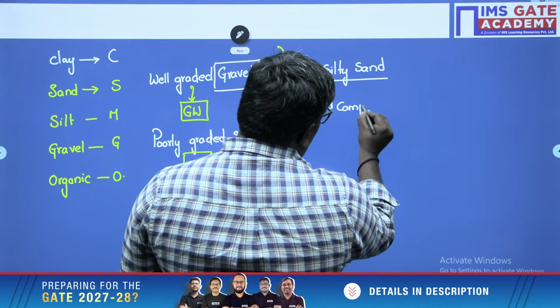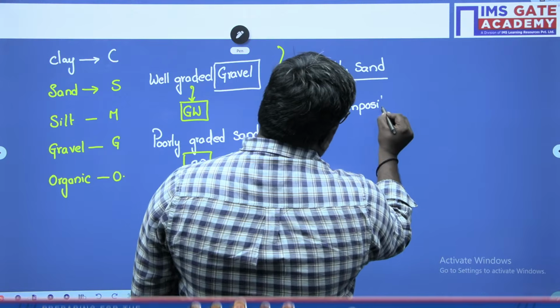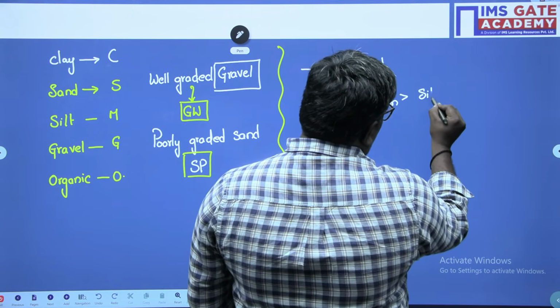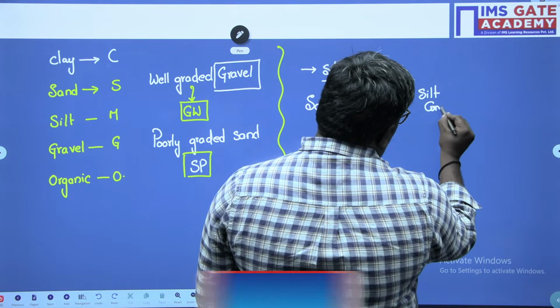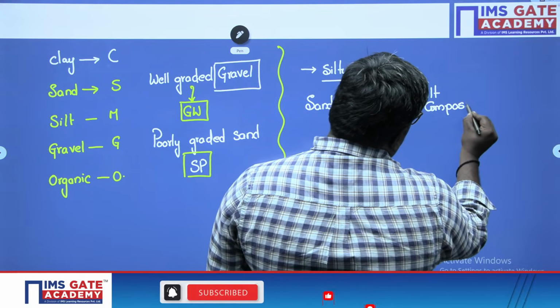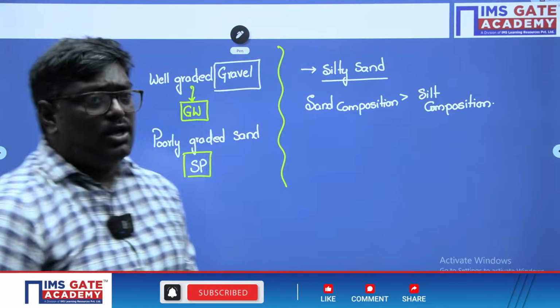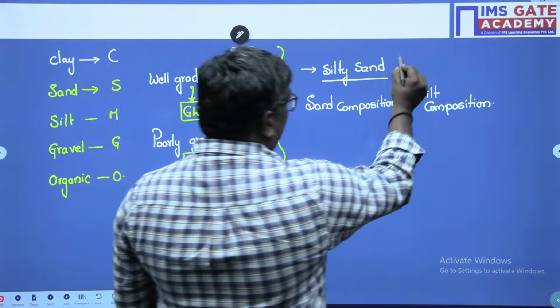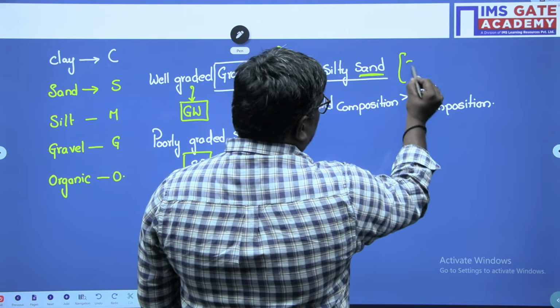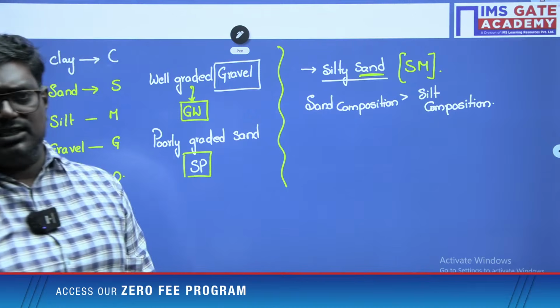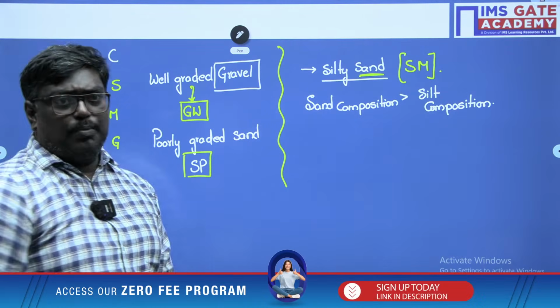Sand composition will be more than the silt composition. You should understand this, everyone. So here sand is first since it is more, so S, after that silt. This you should always remember, my dear students. I hope you are clear.